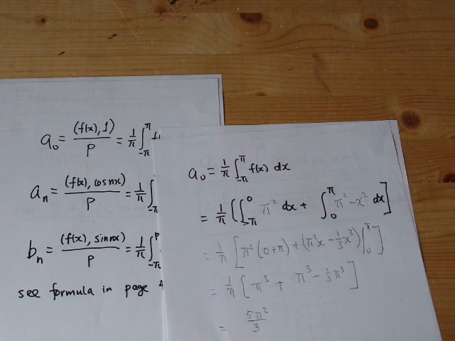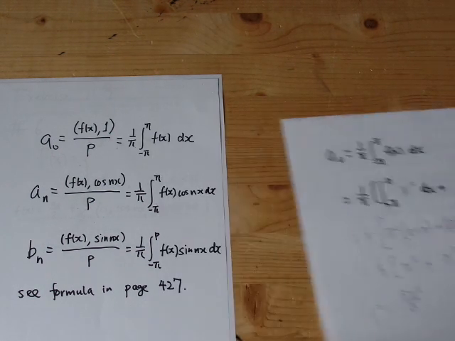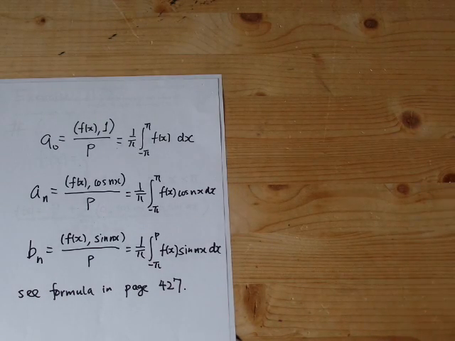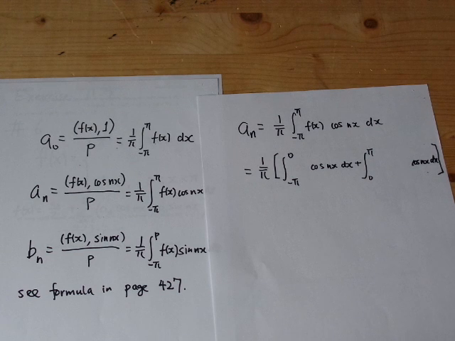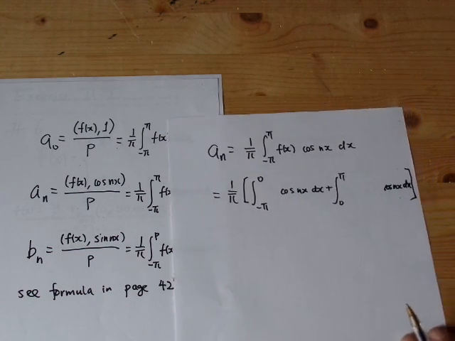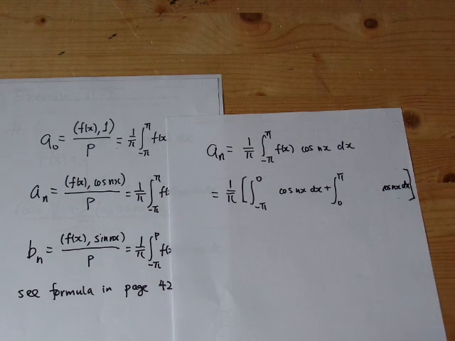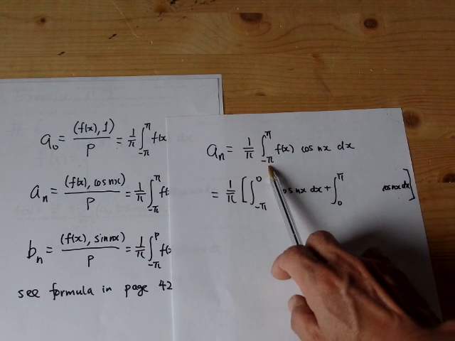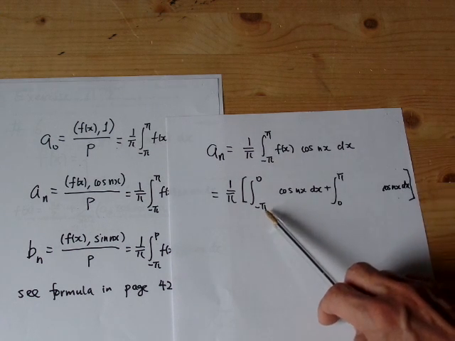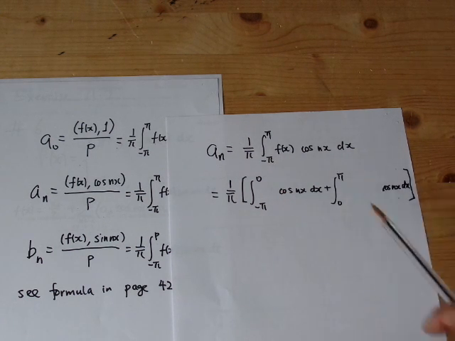How do you find An? According to the formula, An should be given by this integral over here. If you can see clearly, it is the same kind of integral from minus pi to pi, but I've broken it up into minus pi to 0, and 0 to pi.